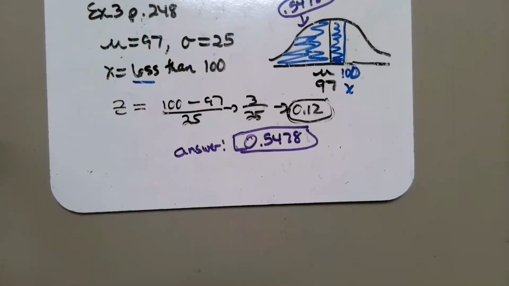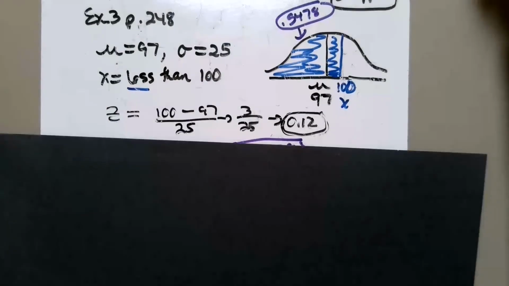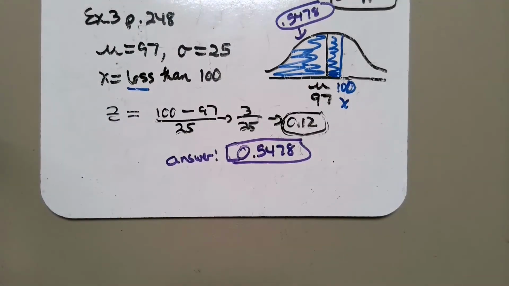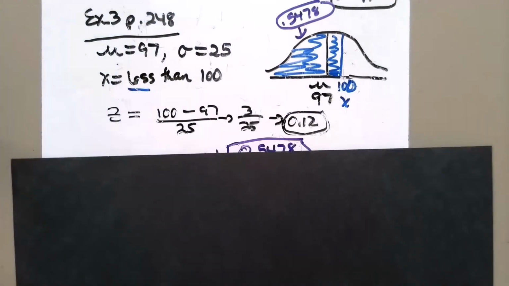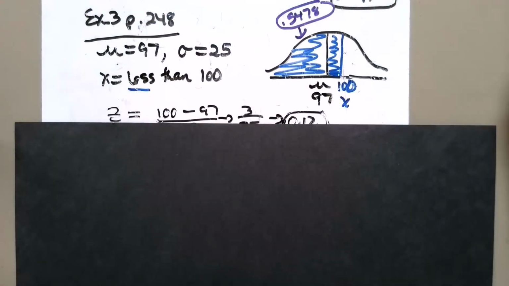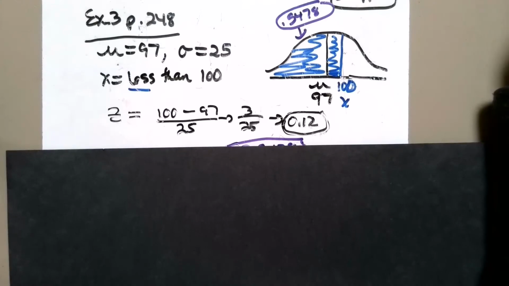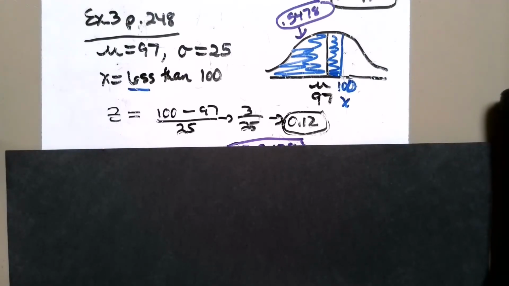So we're going to finish up one last example. Let's go to example 3 from section 5.2, which is on page 248. So this one says, and by the way, these were all real data, which is cool, so it's not just made up information. It says triglycerides are a type of fat in the bloodstream.